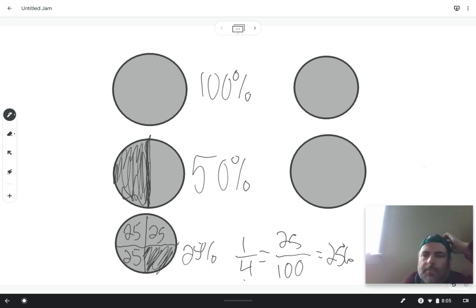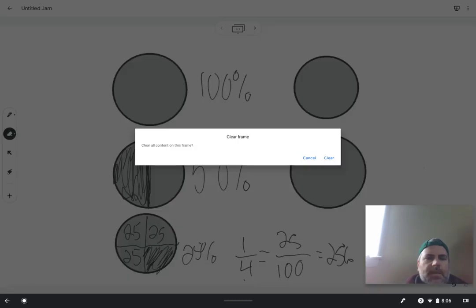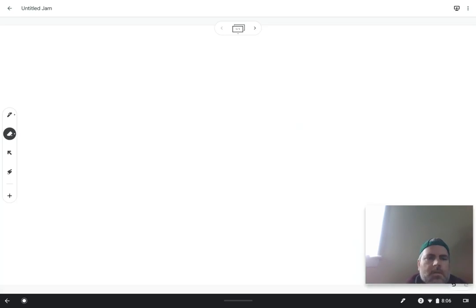Okay, so let's take a look at. Let me try something here. We're going to work with that 25% now. Let's play around. Clear again. Let's use that tool. I'm assuming it's going to give me a triangle, but let's see if it plays the game I want it to.